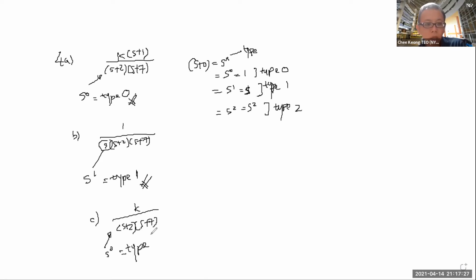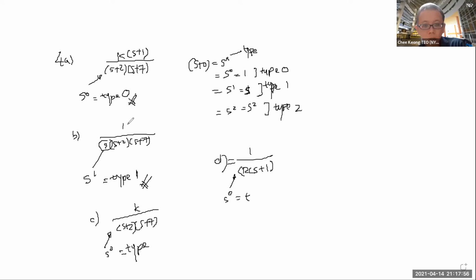4c, right? And 4d, again, is a first order system of the type RCs plus 1. So RCs plus 1 is something like a bracket, and there is no s here. So basically, it's s to the power of 0 here again.